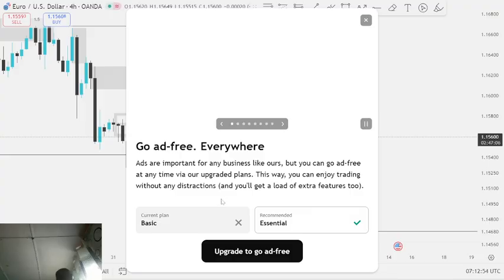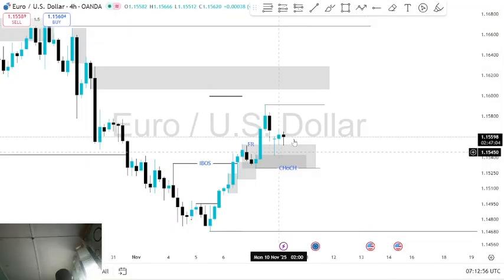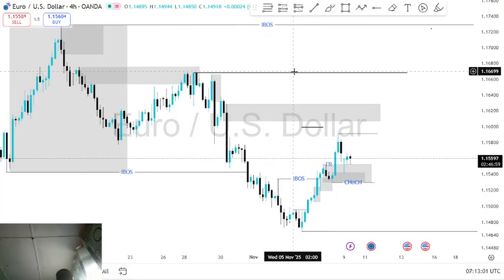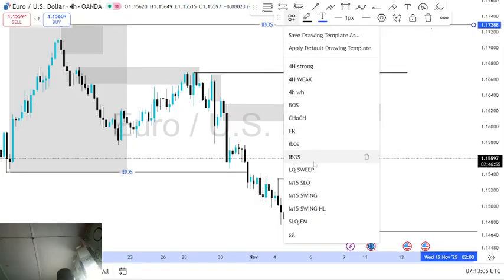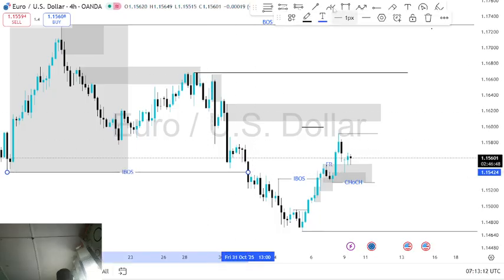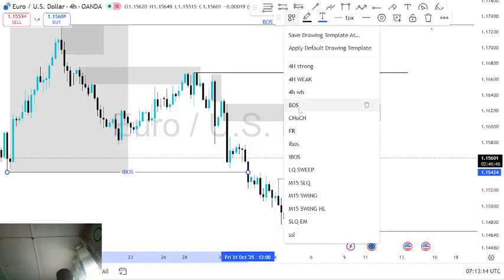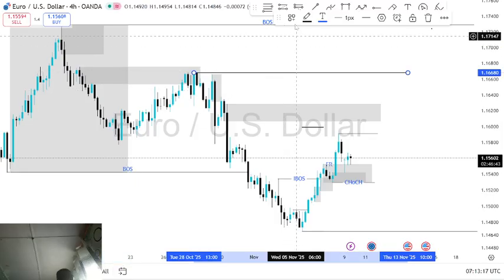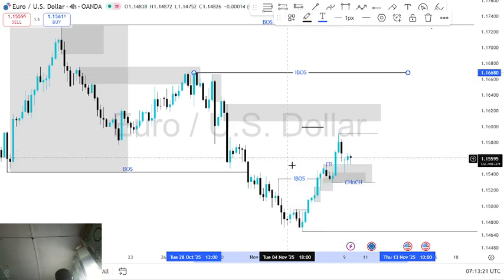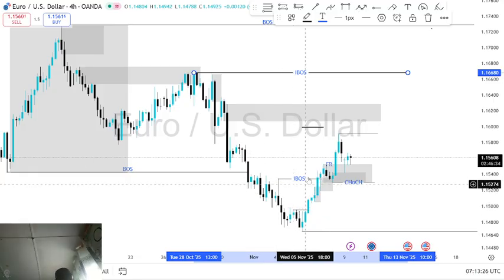Looking at what is happening here, we can only get the swing pullback when this IBOS, this main internal breaks. So this one will be the break of structure, a BOS. So this one is the IBOS, this one is internal, right?